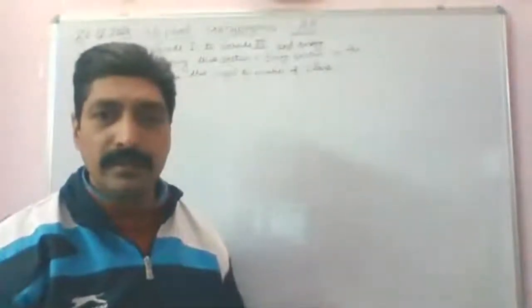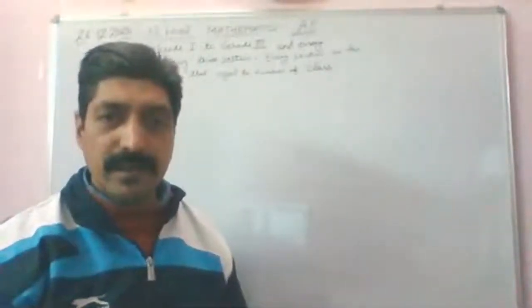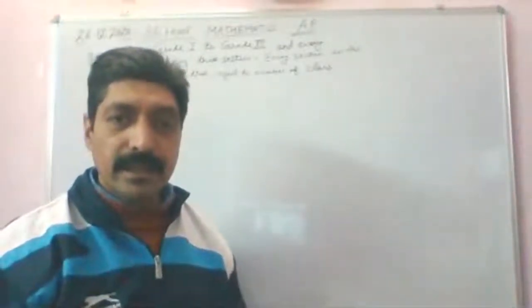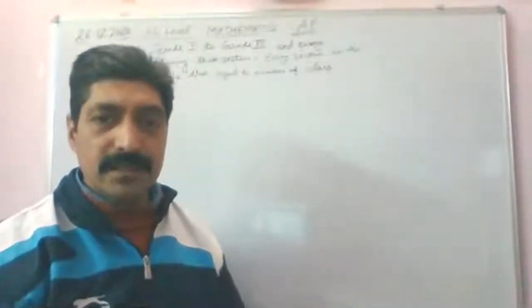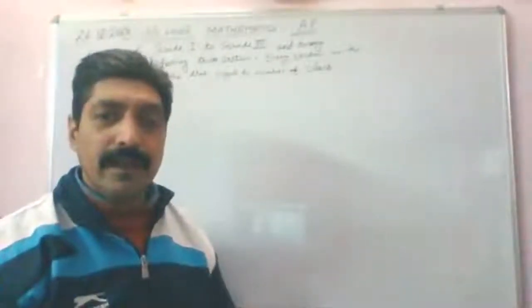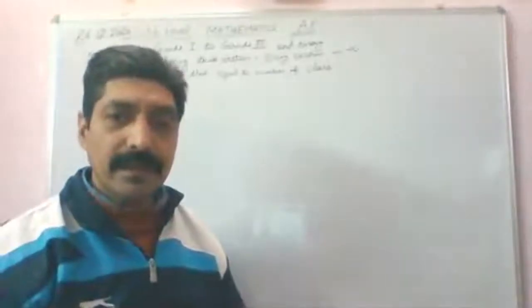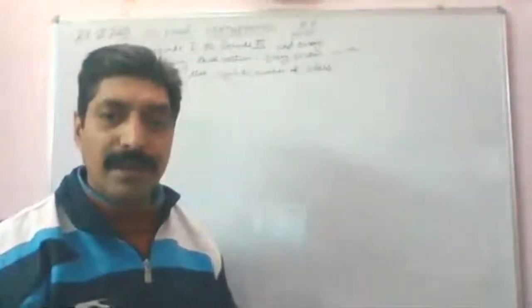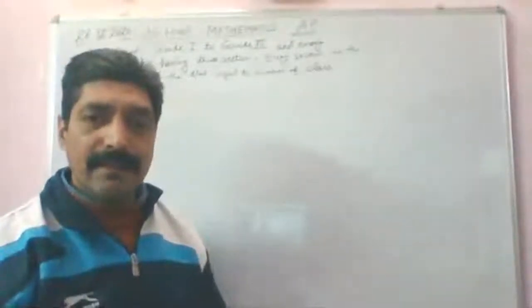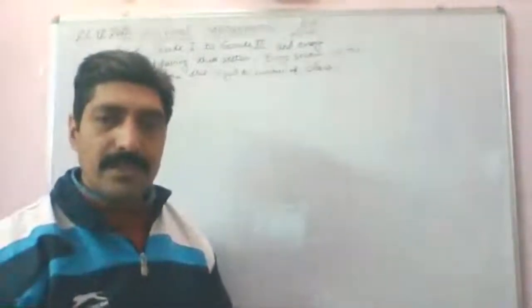Like if it is grade 1, they plant only one tree. Grade 2, every section plants two trees. Grade 3, they plant three trees, and so on. Grade 12, every section will plant 12 trees each. Grade 11 will plant 11 trees each.